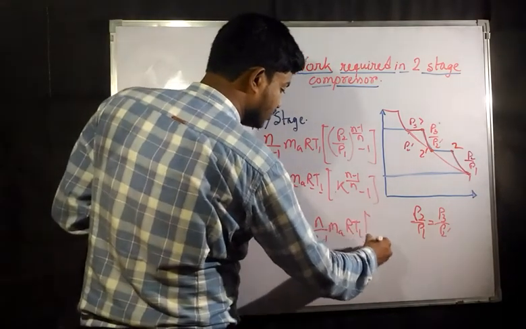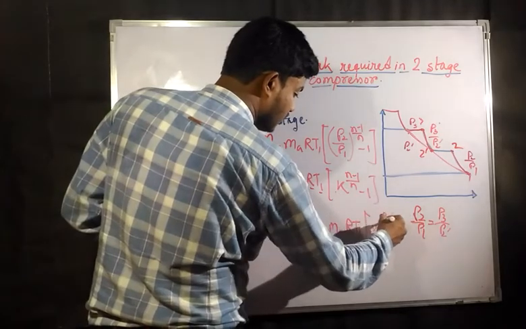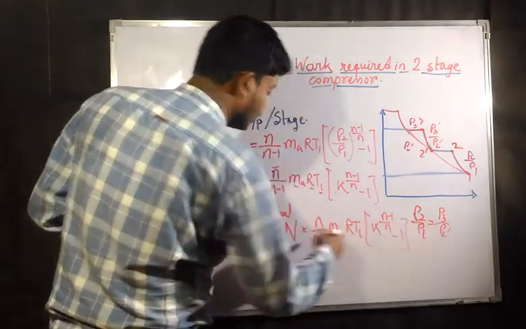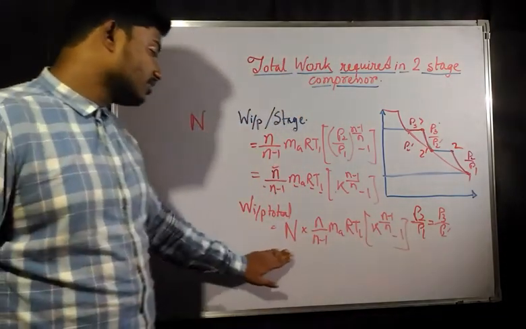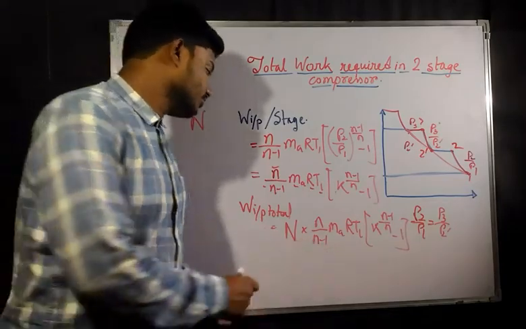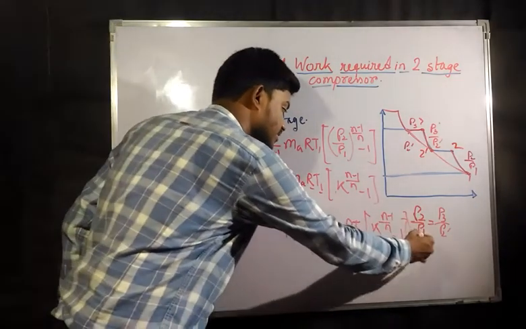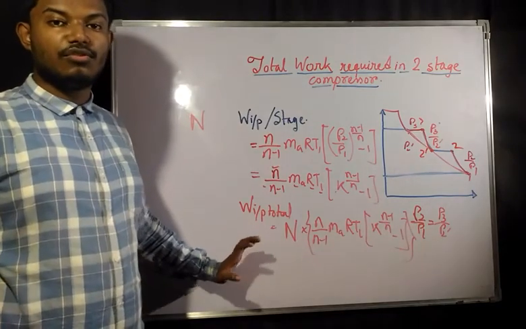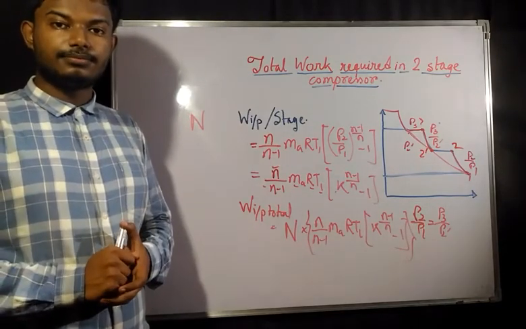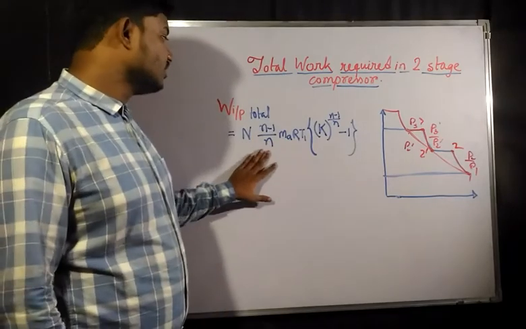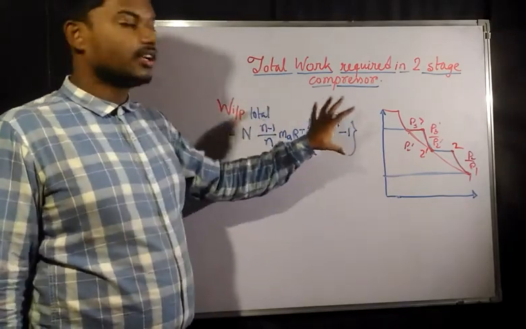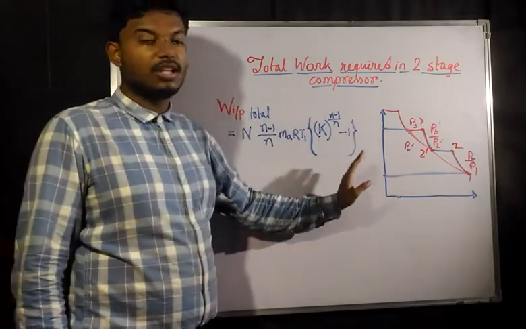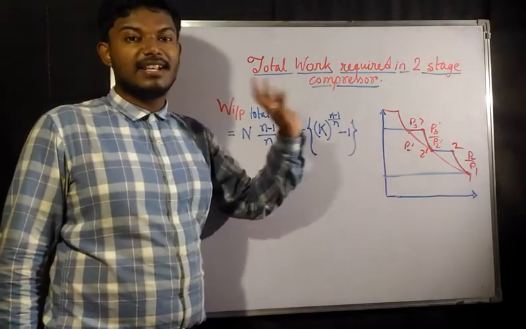So this would be the formula for total work input: total number of stages into work done in each stage. This is the total work input that we require in multi-stage compressors.